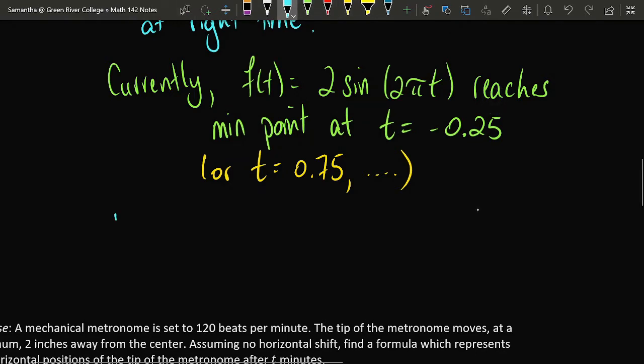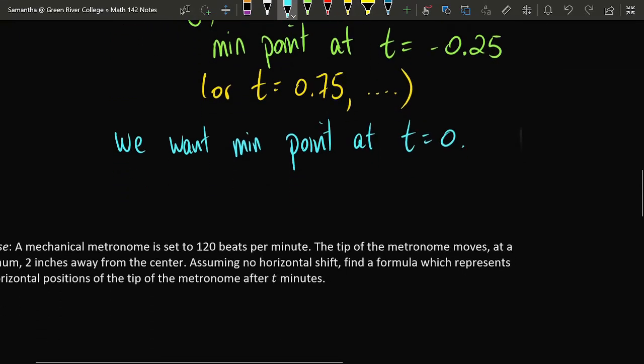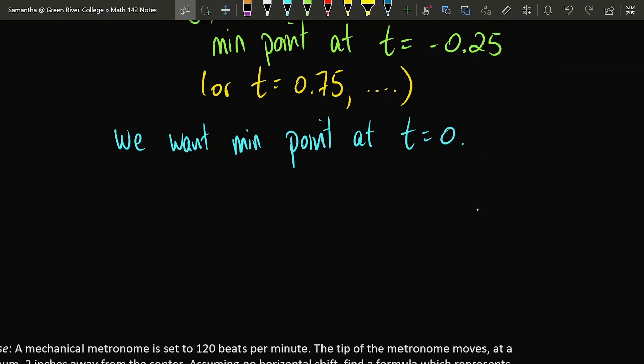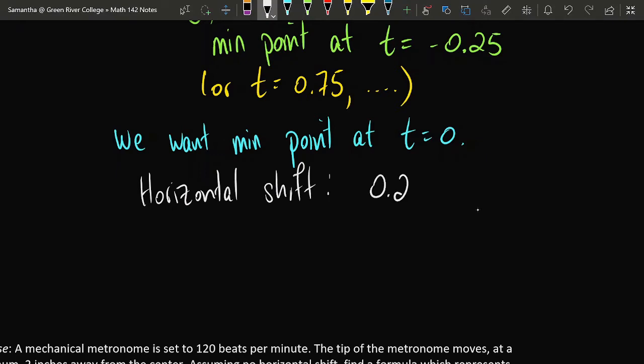What we want is to have the min point at time t equals 0. So what I will do is I will take the function and horizontally shift it. One horizontal shift that would work is by 0.25 units to the right.